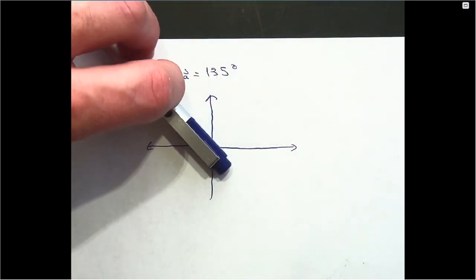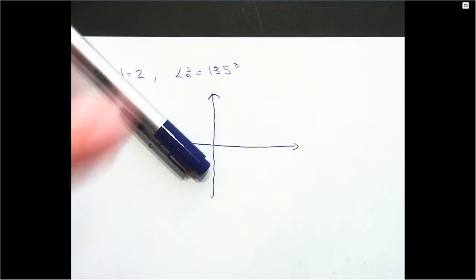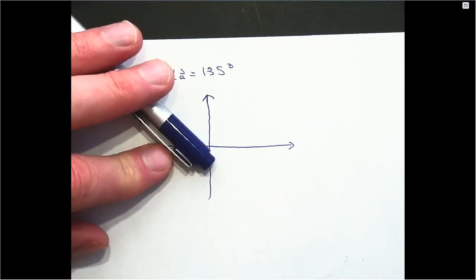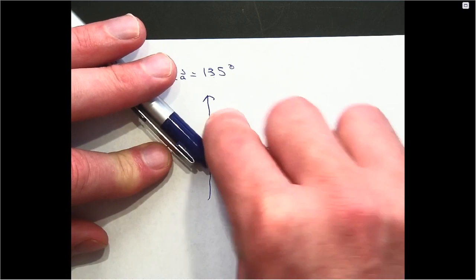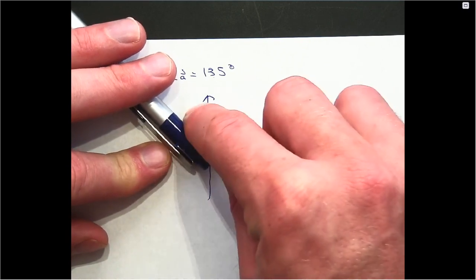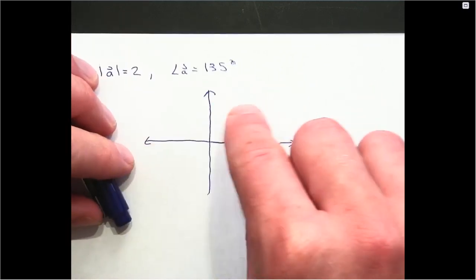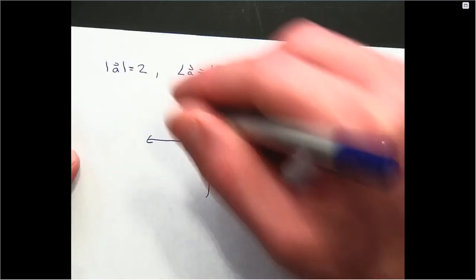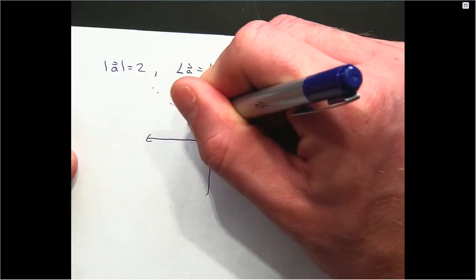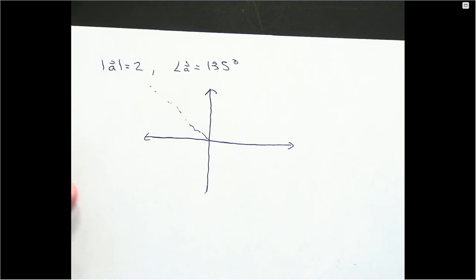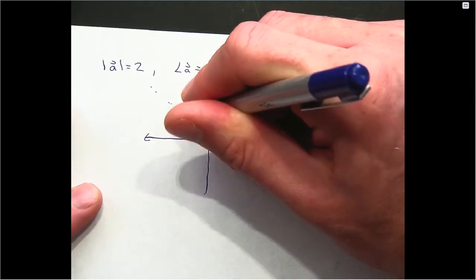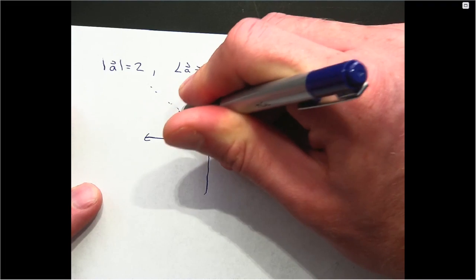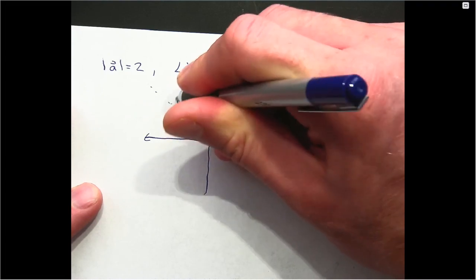And hopefully you remember from the last video that 135 degrees, you can break down into 2 parts: 90, which takes you to the y-axis, and an additional 45, which will take you halfway between the y and the negative x-axis. So this vector is going to be along a line that is at a 45-degree angle in the second quadrant, and it's going to be of length 2. So that is what the vector looks like, and that is our part 1.